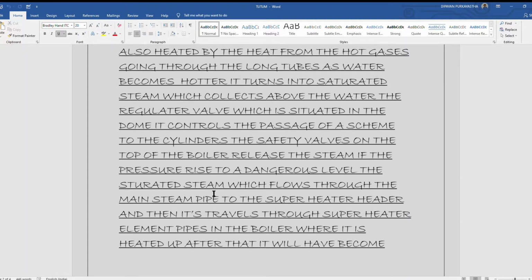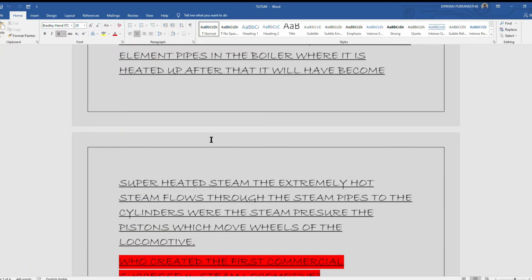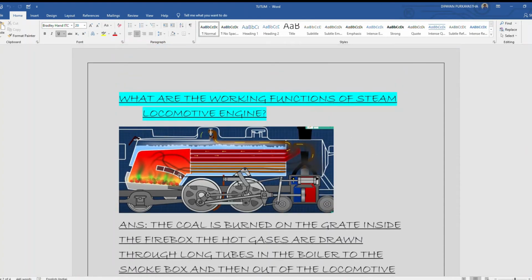The saturated steam flows through the main steam pipe and the superheater, and then it travels through superheater element pipes in the boiler where it is heated up. After that it becomes superheated steam. The extremely hot steam flows through the steam pipes to the cylinders, where the steam pressure pushes the pistons which move the wheels of the locomotive. So this is the answer to the question and you can see the diagram also.